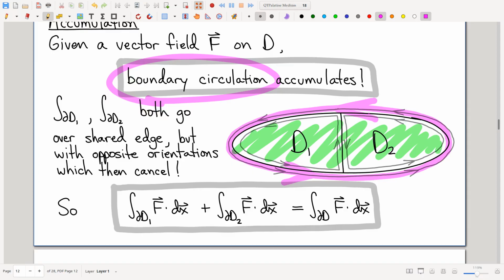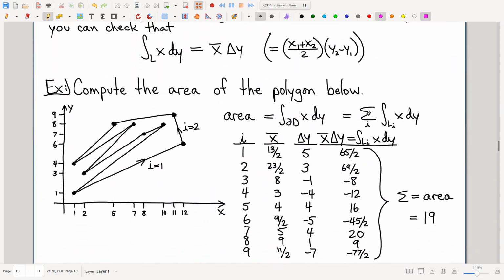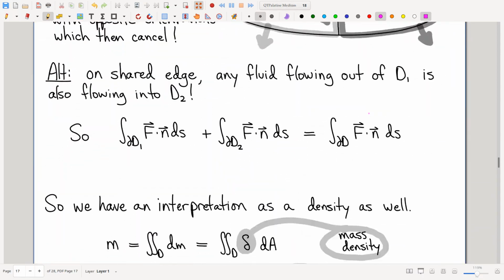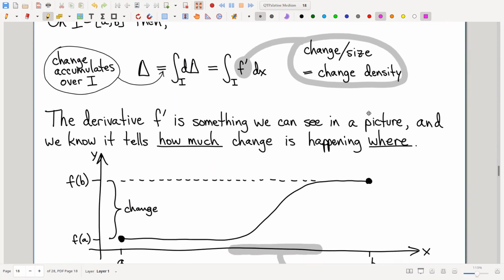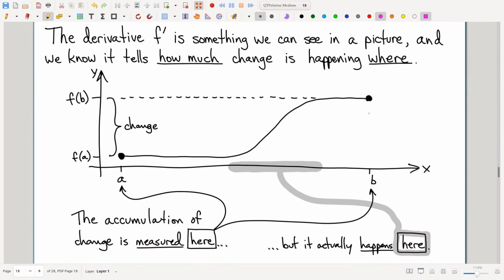So, okay, let's go back now to the fundamental theorem situation, and let's think about change and where that happens. So, looking at our interval, the boundary consists of these endpoints. If I were to look at change, I've drawn the graph of some arbitrary function here just to have a picture to work with. How much has the function changed?